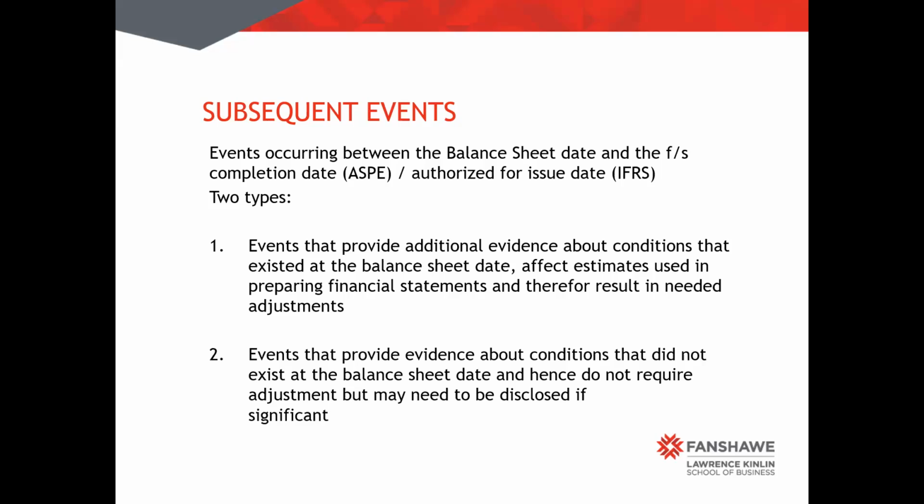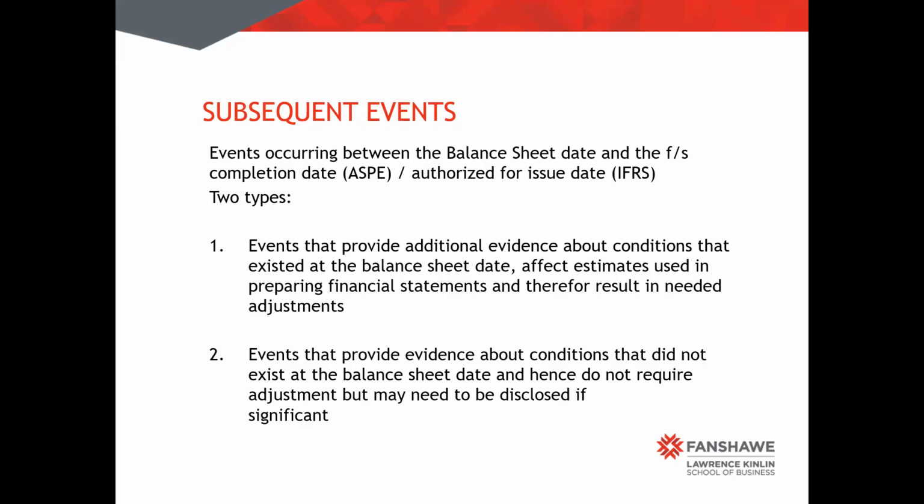Say you had a bonus accrual at year end based on policy, but then five weeks after year end something happened and you found out that there would be no bonus. You should revise the estimates accordingly because of a subsequent event. Any event that provides evidence that something exists today that you didn't know of as of the balance sheet date.